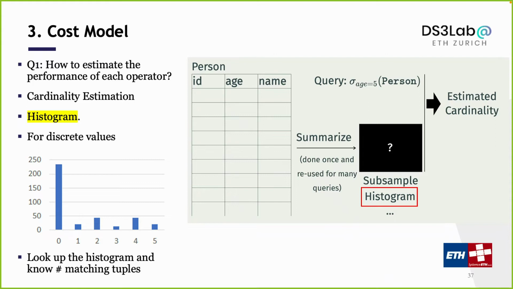That can be my black box. And then given an operator, for example, select age equals 5 over this relation, I can just look up my histogram to say there are 5 people here. I don't know which 5 tuples, but I can tell you, if you run that relational algebra selection over this relation, you are going to have 5 tuples in the output. It's as simple as that.